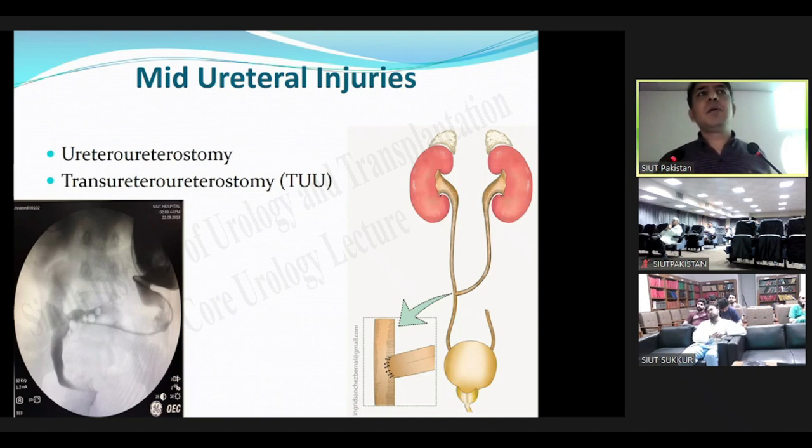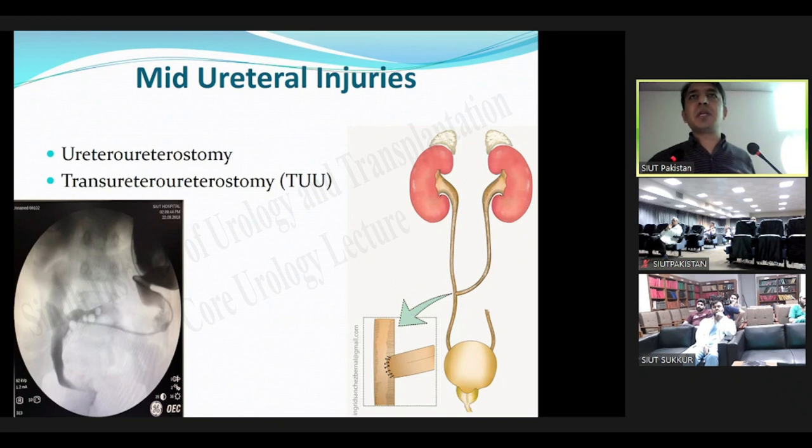The relative contraindication is nephrolithiasis, retroperitoneal fibrosis. The absolute contraindication is if the length of the ureter is too short to bring it to the other side. It's not the option then. So the only absolute contraindication is when we don't have enough length to bring it to the recipient side.